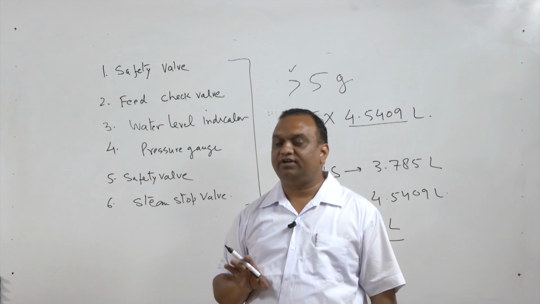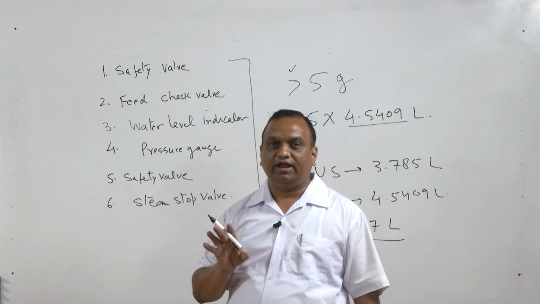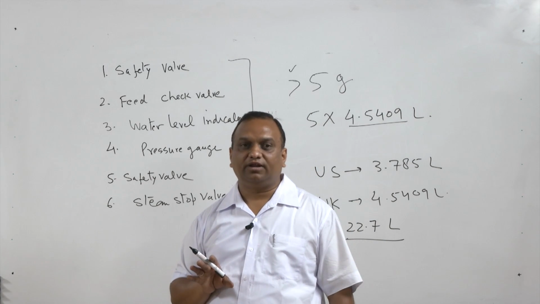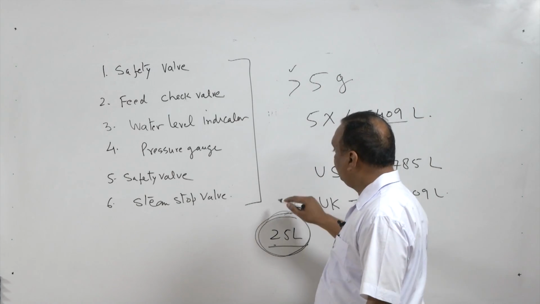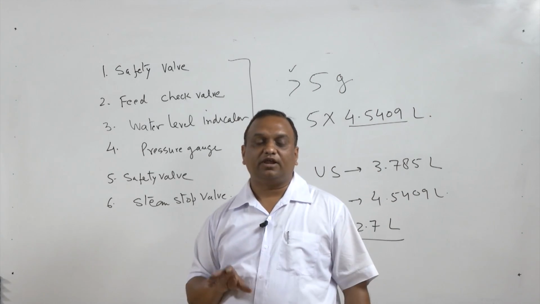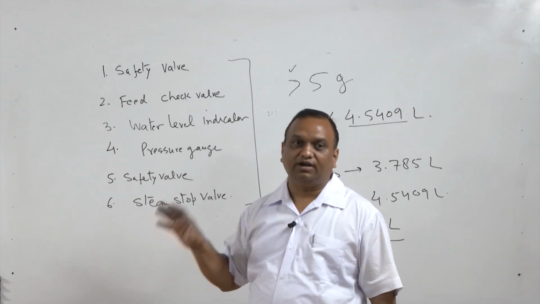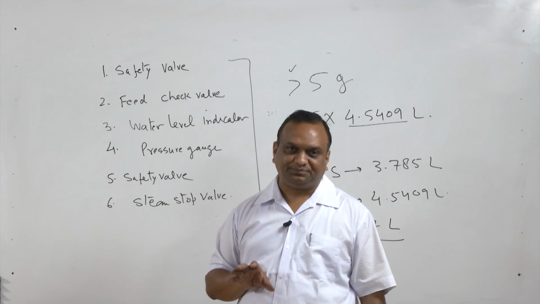These accidents caused a number of casualties, so an act was brought. This is the Indian Boiler Regulatory Act, and under this act, if the boilers meet certain requirements, they are put under inspection of statutory bodies.